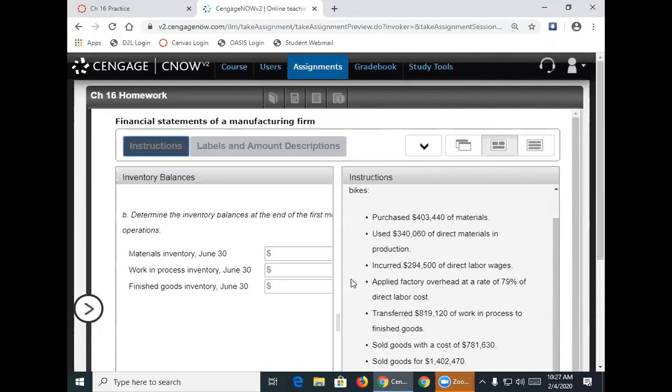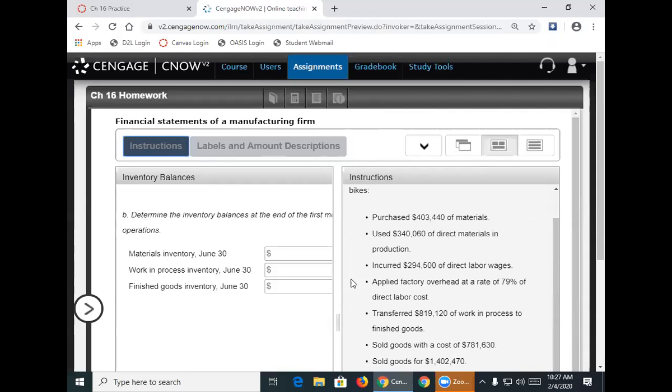So you would start with, where did my marker go? There you're really just going back through your cost flows. You'd start with materials.